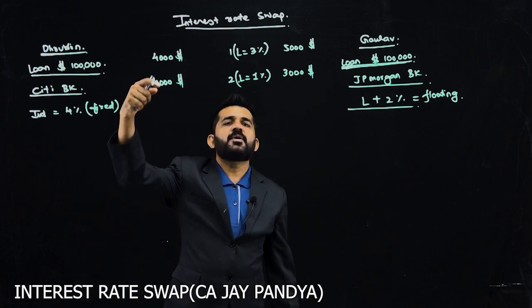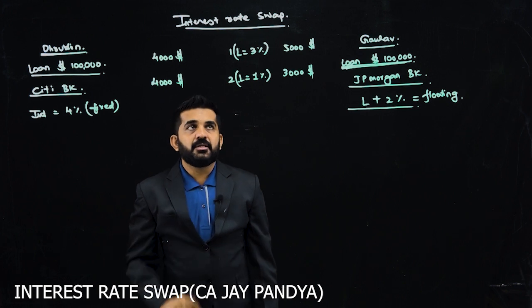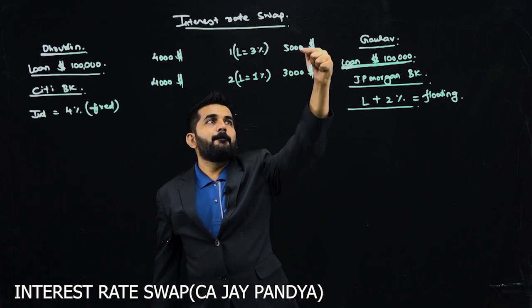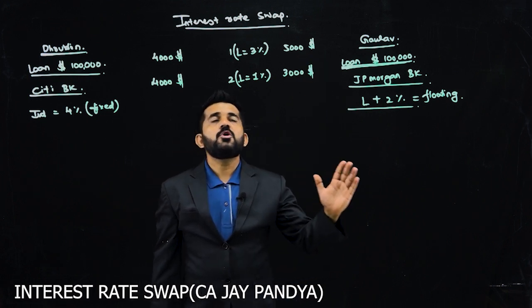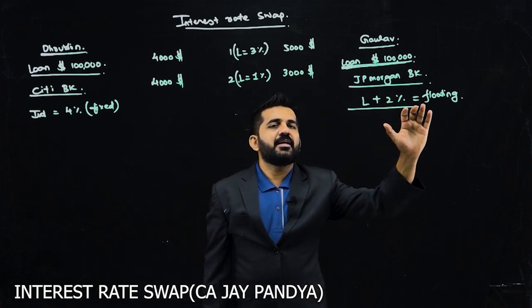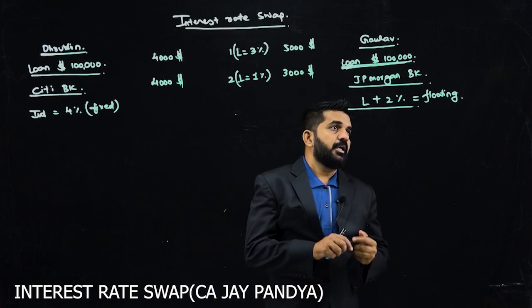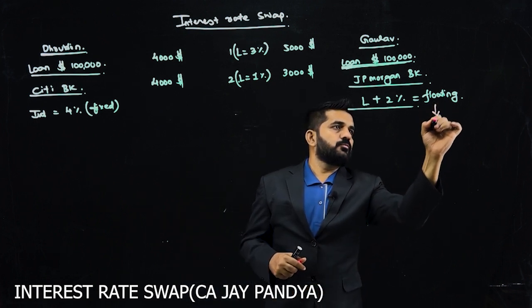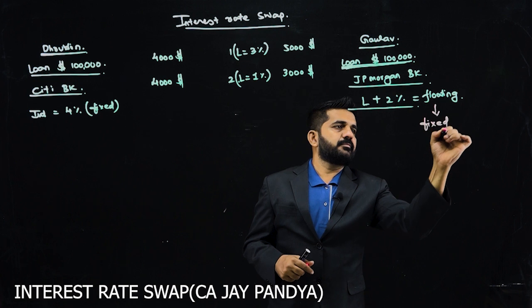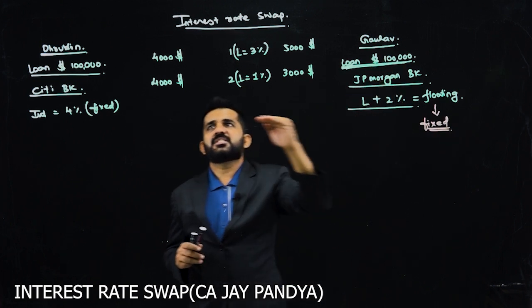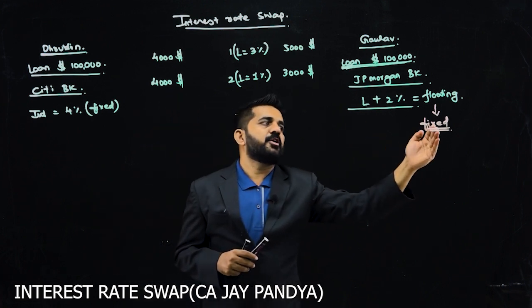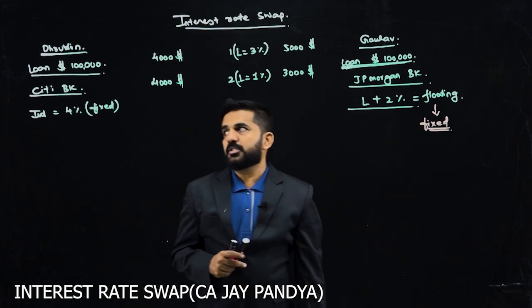He is liable to pay $4,000 every year. But my cash flow is dependent upon LIBOR. So I want to convert my floating rate of interest into fixed. He wants a stable cash flow, and so he wants to convert it into fixed rate of interest.